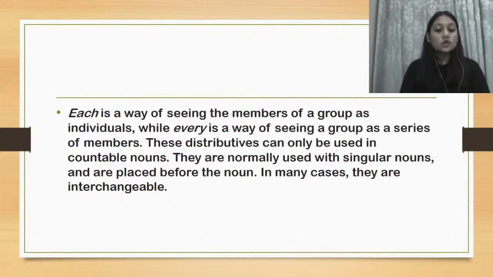They are normally used with singular nouns and are placed before the noun. In many cases, they are interchangeable. So in many scenarios, you can use either each or every. They both are acceptable. But if we are talking about one member from the whole community, we are going to say each, otherwise it will be every.